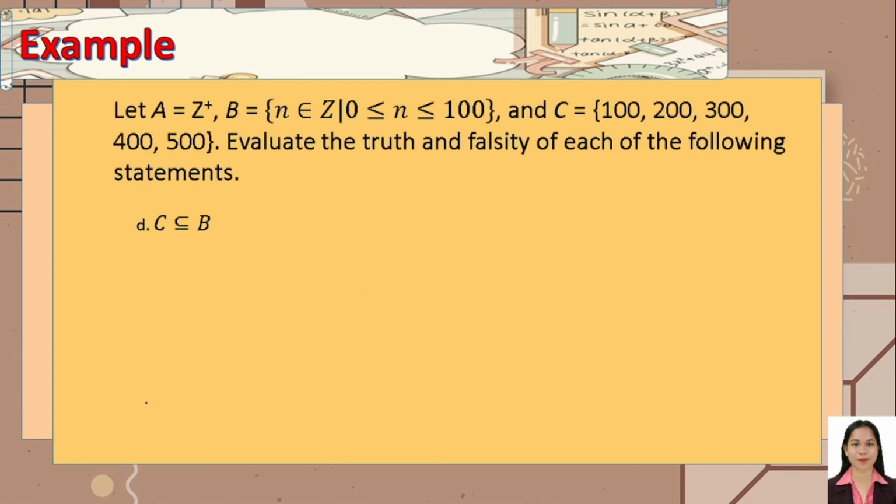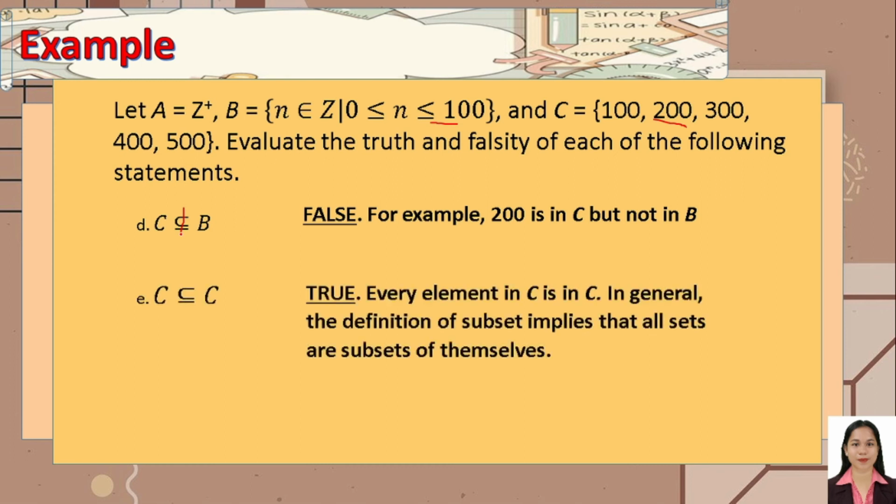Letter D. C is a proper subset of B. This is false. For example, 200 is in C, but it is not in B. So this is not a subset. Not a subset. Next, C is a subset of C. True. Why?